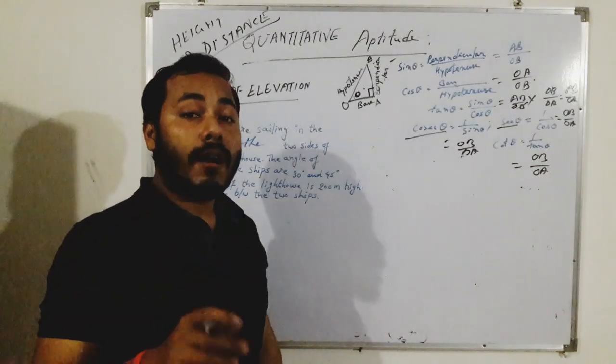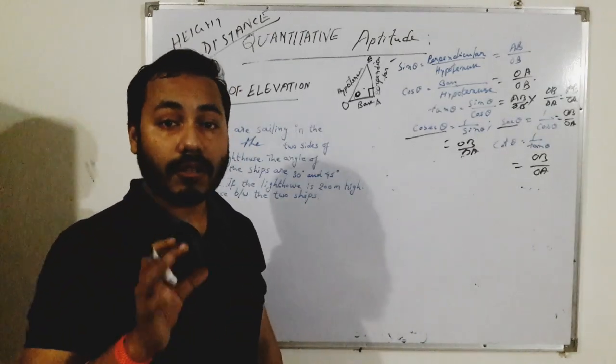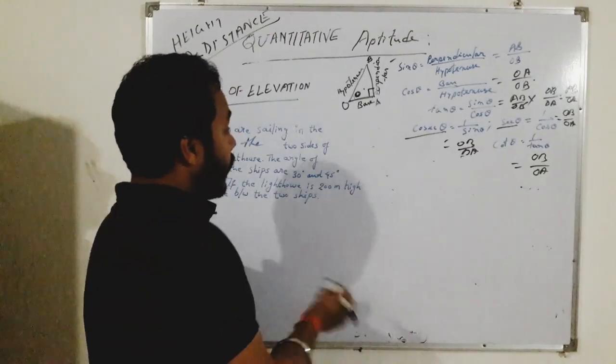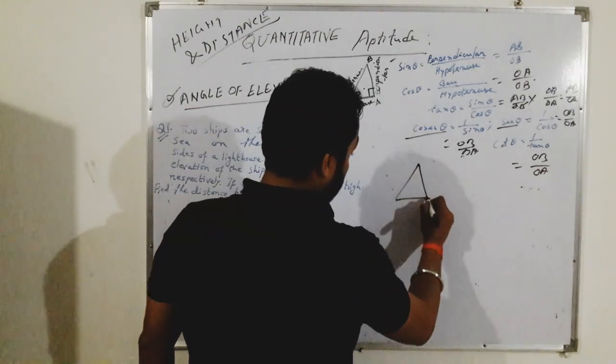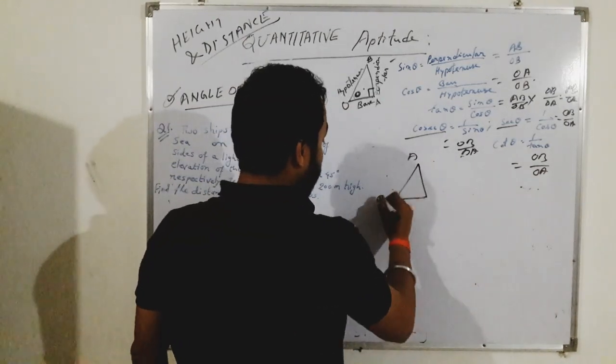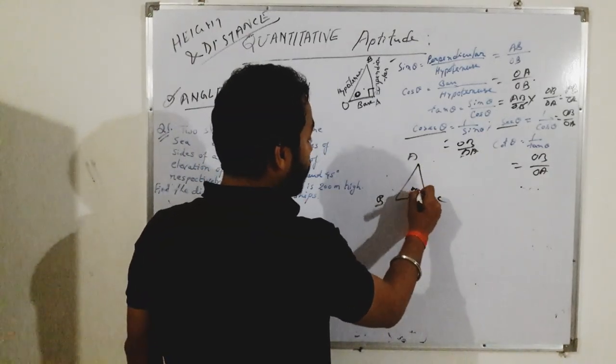We are going to cover some ideas with respect to a triangle. So say this is our triangle ABC. You know this angle is 90 degrees.